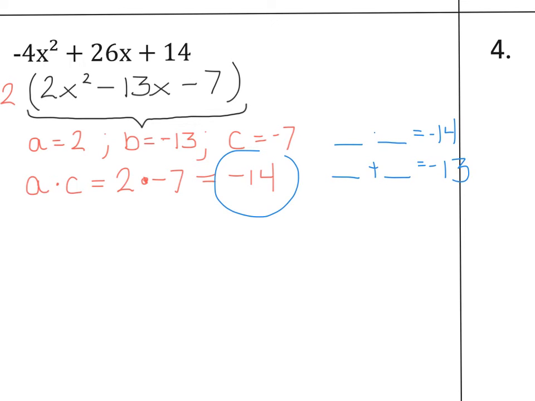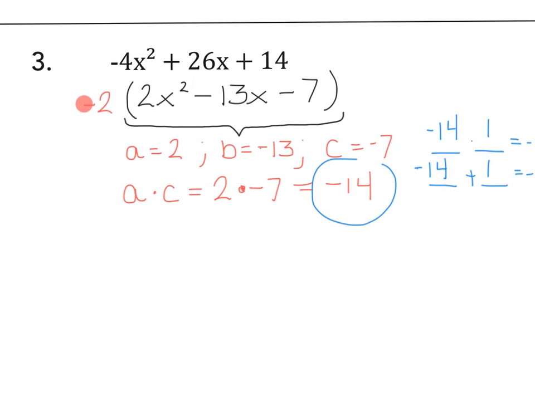So take a second and think of these factors. 7 times 2 is 14. That doesn't work. 14 times 1 works, but we need to pay attention to signs. We want to have negative 13, which means our only option would be negative 14 times positive 1 to give you negative 14, and negative 14 plus positive 1 to give you negative 13. Those two factors work.